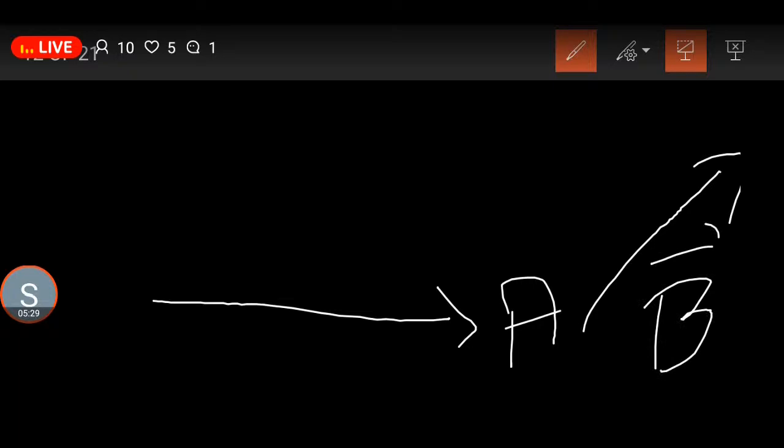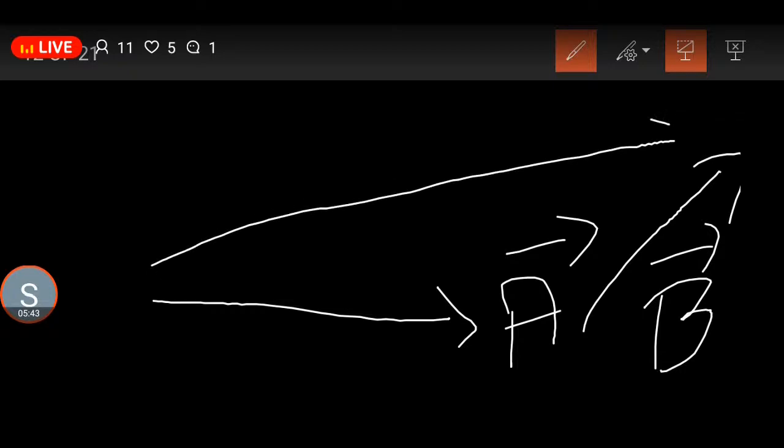This is vector B. This is vector A. And the distance from the initial point to the end point is like this. This is the C vector, the resultant vector, which indicates the distance between the two points.